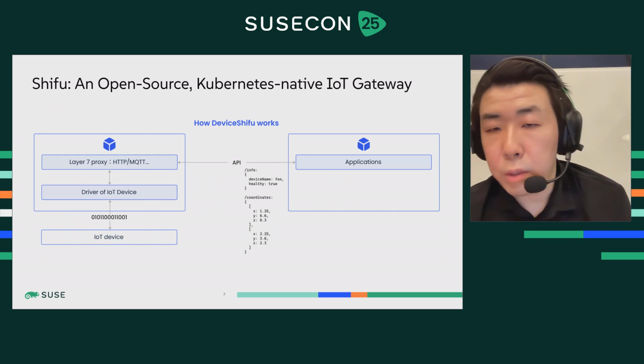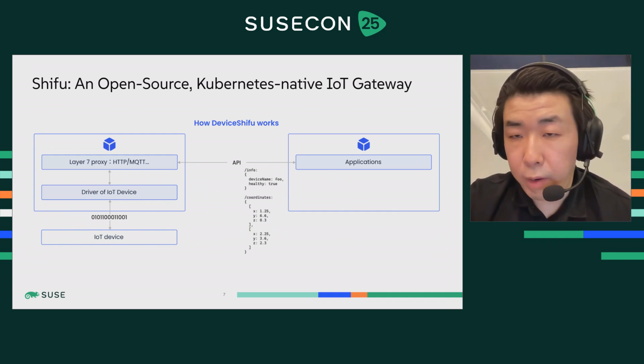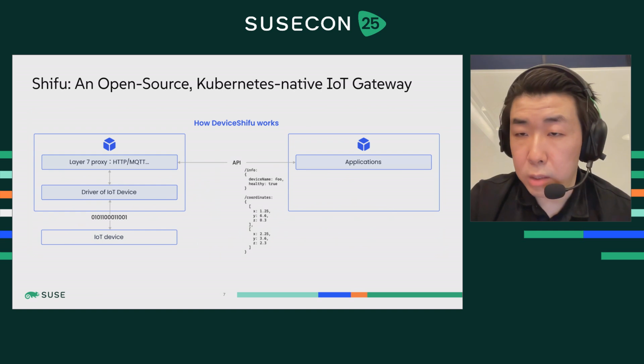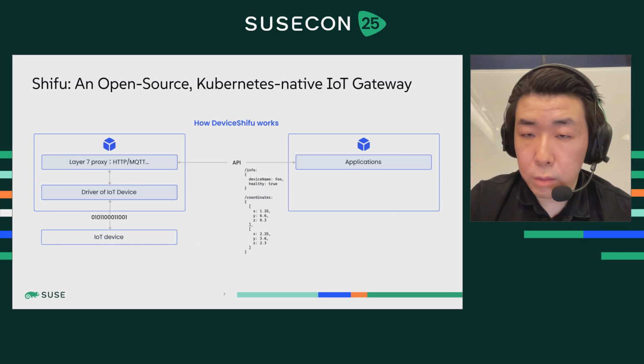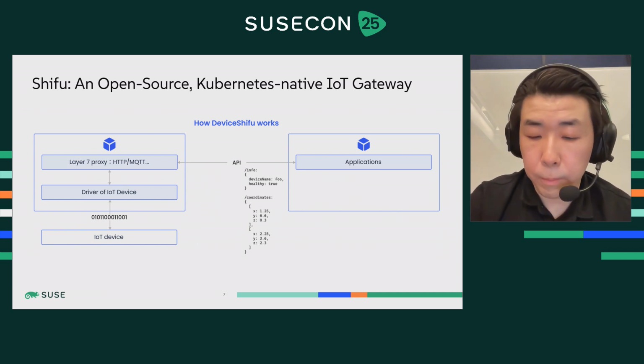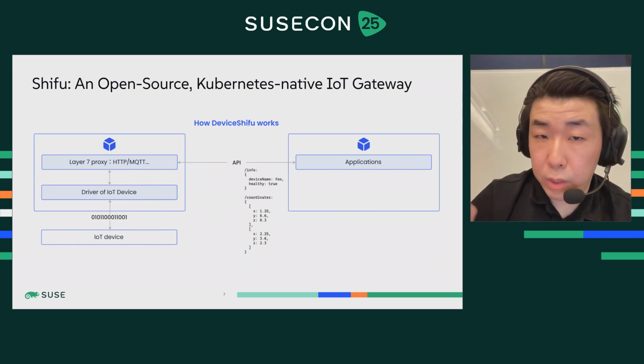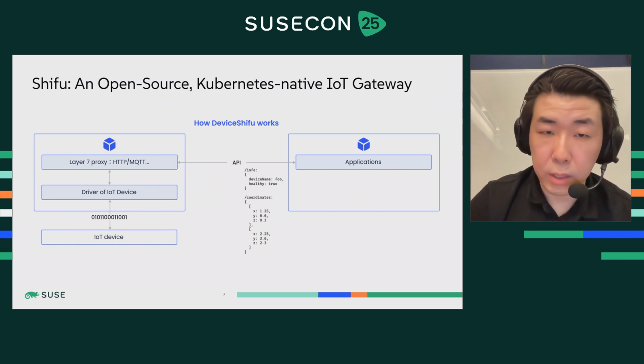The way we do this is that Shifu abstracts IoT devices into Kubernetes pods. Within the pod, there is the driver of the device. A driver doesn't only do the protocol translation, it also does transformations, data processing, things like that.